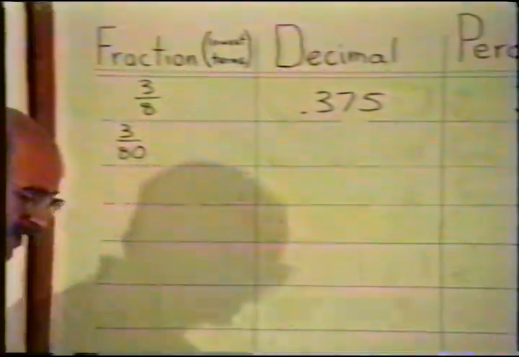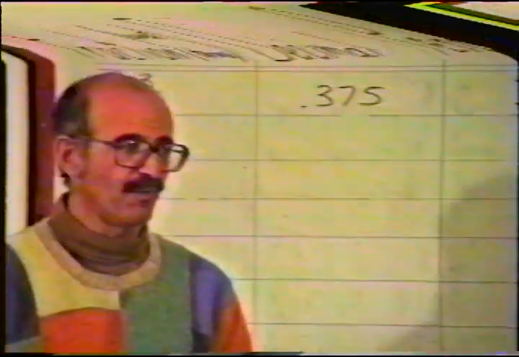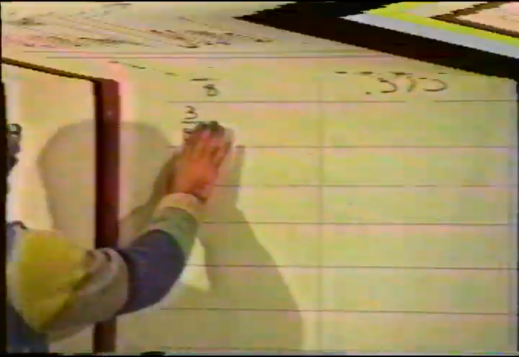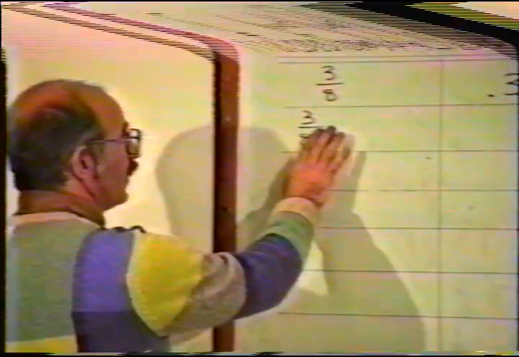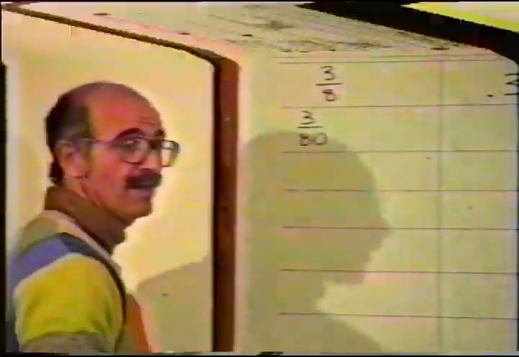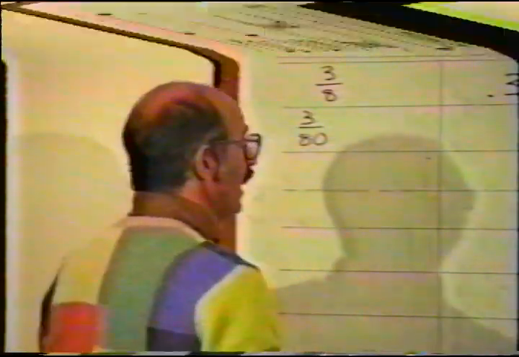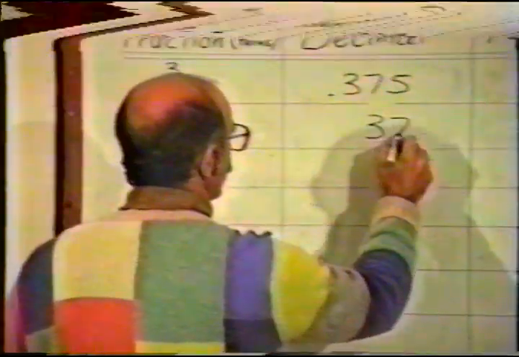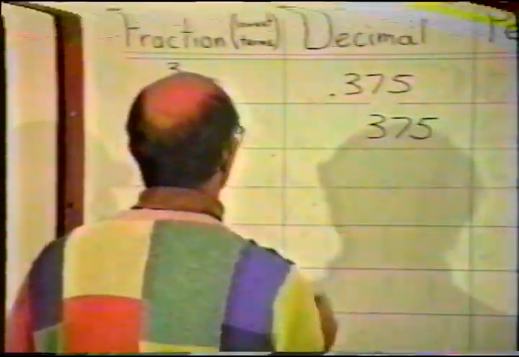How about this one? 3/80ths. What can we do with that? Well, Uncle Dan, we recognize something in there. What do we see? 3/8. So we know somewhere in there, there's going to be a 375. Let's write that down.